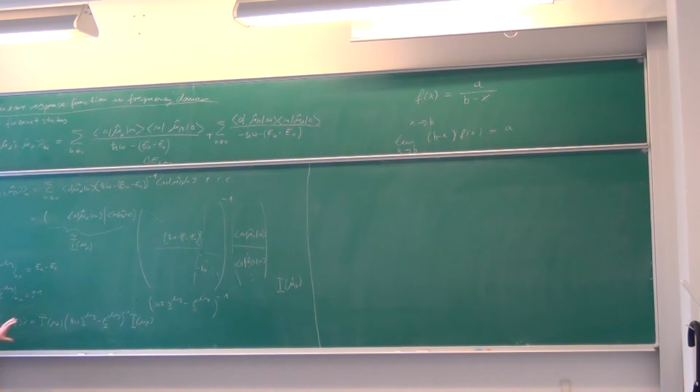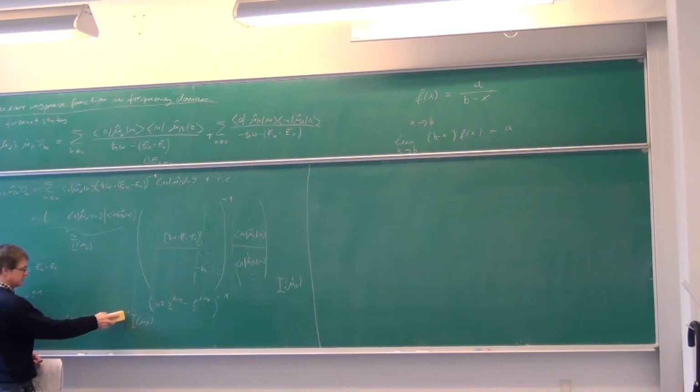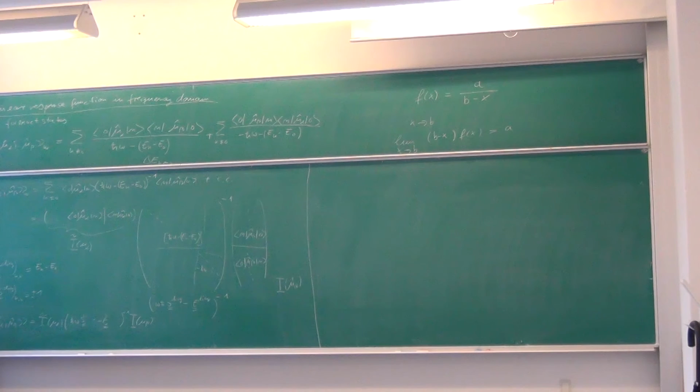I express the exact states in a basis of approximate Slater determinants and some coefficients, which is just a change of basis. But when I do that, the matrices are no longer diagonal.